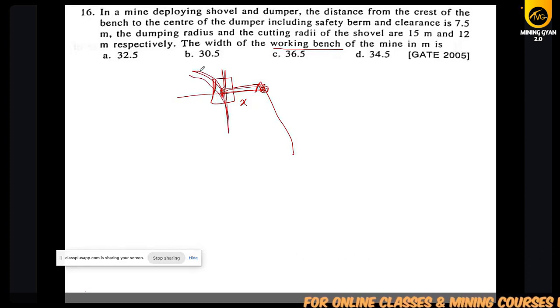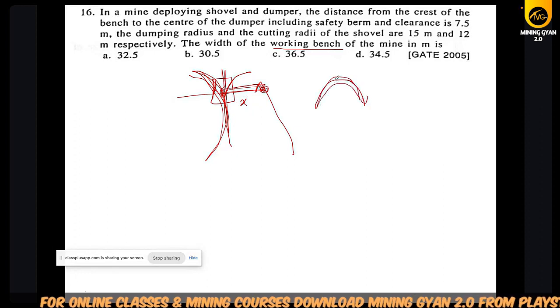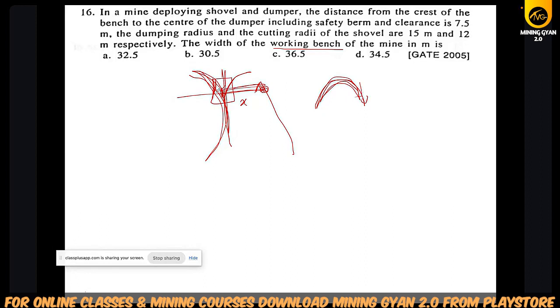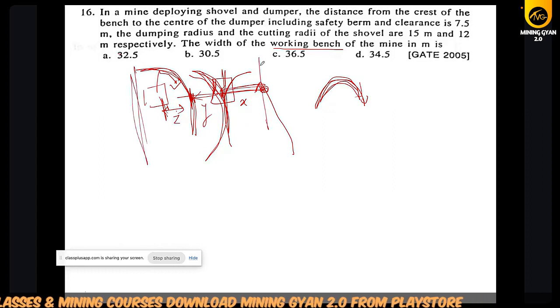If the dumper has to turn, it will cover a specific radius. Suppose that is y, the radius. And third, if your shovel is here, there is the shovel swing also. Suppose that it is z, so that much your working width should be.